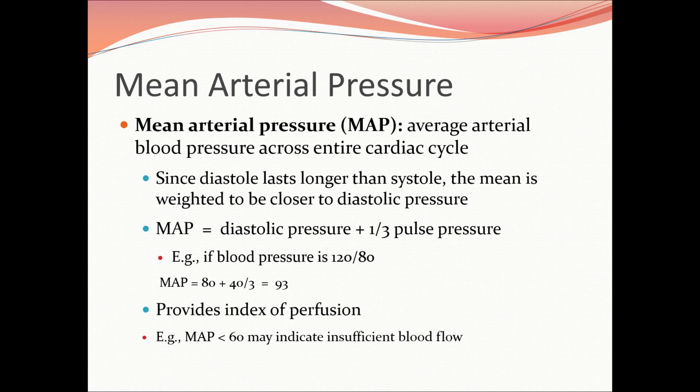So MAP equals the diastolic pressure plus 1/3 the pulse pressure. For example, if blood pressure is 120/80, the MAP would be 80 plus 40 divided by 3, which equals 93. This provides an index of perfusion, which is the blood flow. An MAP less than 60 may indicate insufficient blood flow.